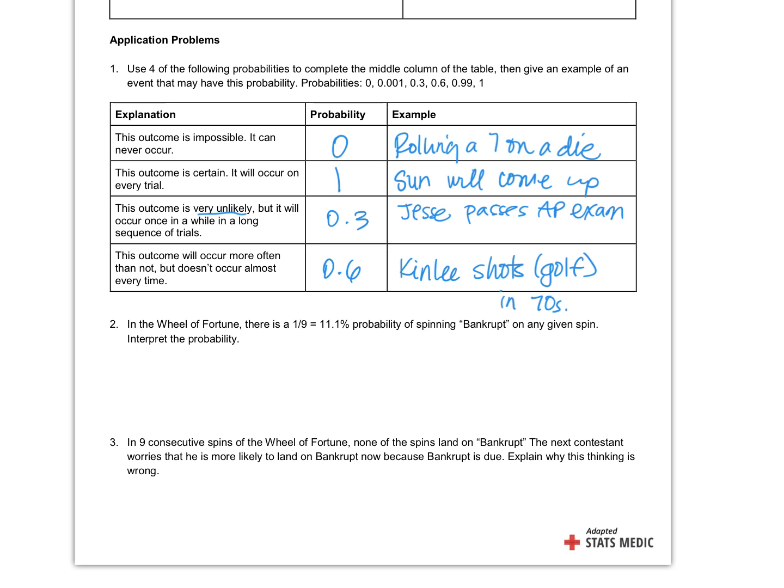In Wheel of Fortune, there is a 1 in 9, or 11.1%, probability of spinning bankrupt on any given spin. Interpret the probability. So using the wording I gave you on the front page, how do we start this?